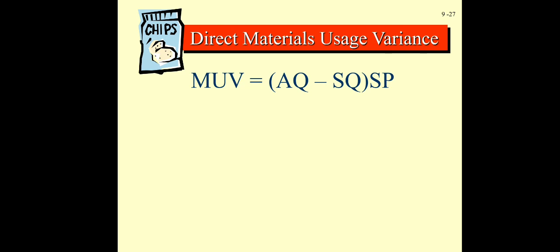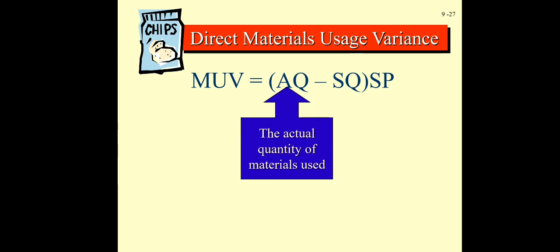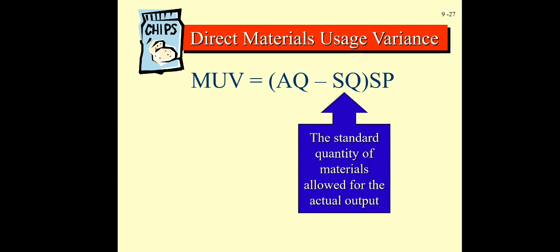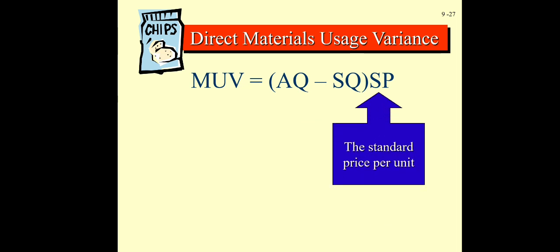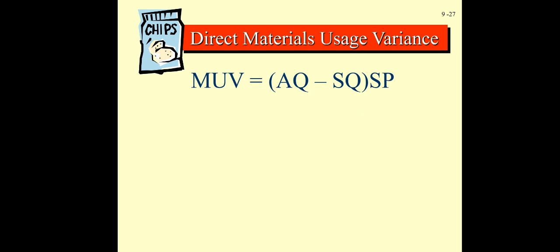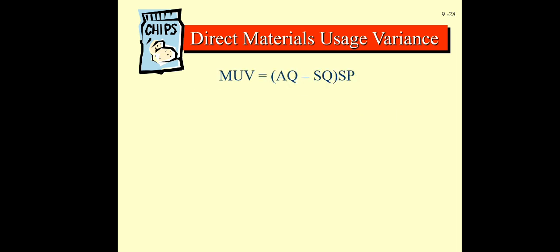So the formula for this variance is MUV equals actual quantity of material used minus standard quantity of material times standard price per unit. Okay, we put the numbers in this formula.